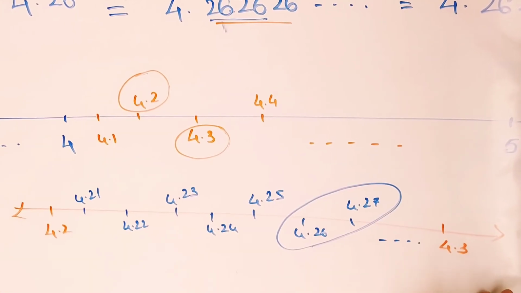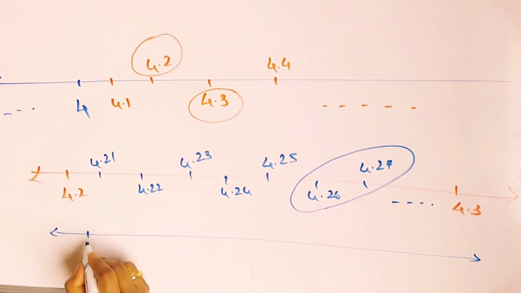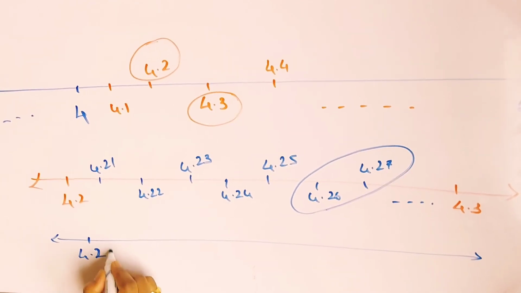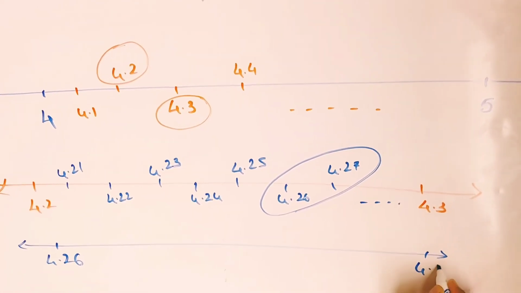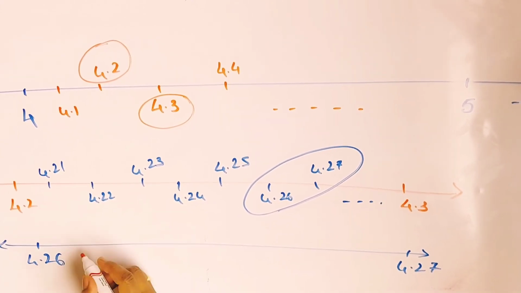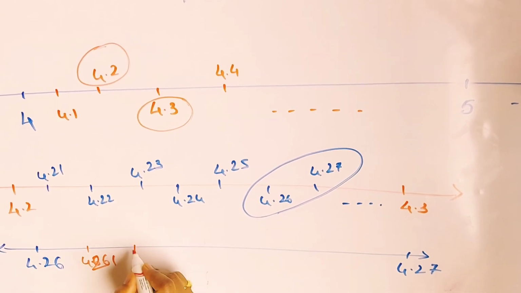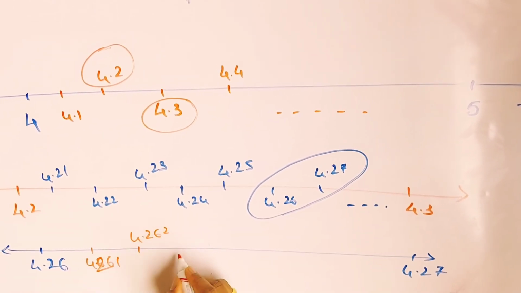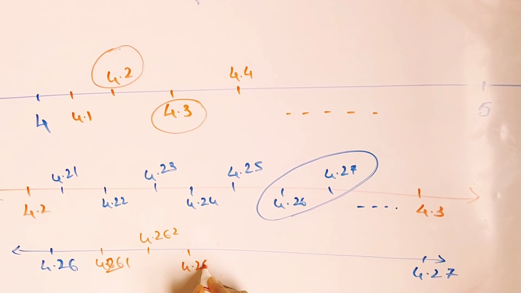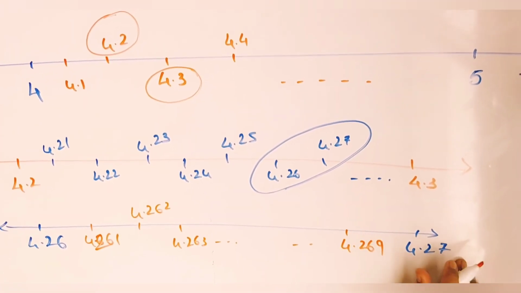Let's write those numbers also. Now I am taking 4.26 and here 4.27. In between we have to write the numbers, children. That means 4.261, 4.262, 4.263, so on, 4.269 and 4.27, children.